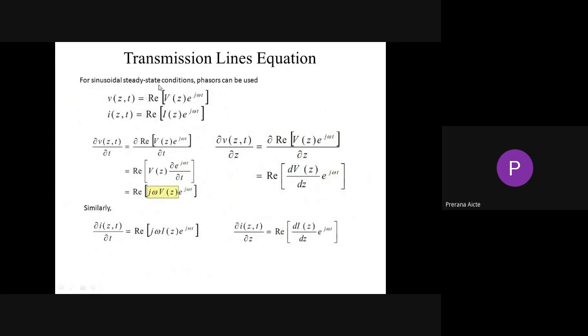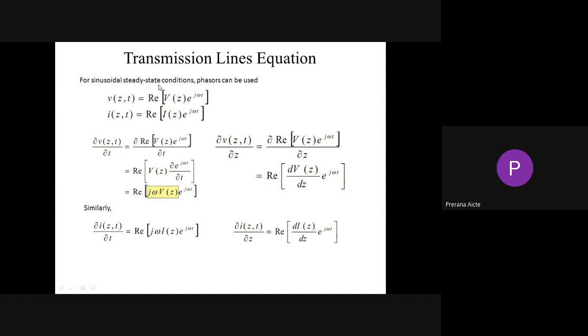We already discussed Maxwell equations for time varying fields, static fields, and time varying fields in free space mediums. In the steady state condition, there is no rate of change of the variable; the components are constant values. That's why we can consider only the real part. So V of Z is equal to the real part of V of Z into e power j omega t, and I of Z is equal to the real part of this one.